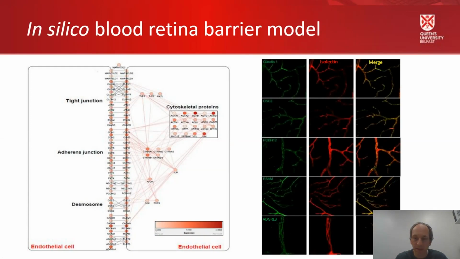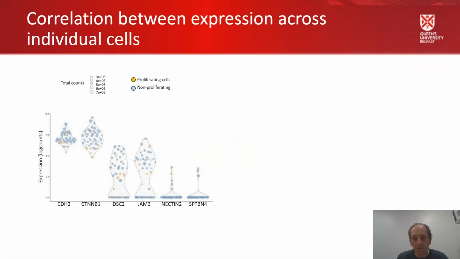And this diagram indicates those that are expressed and at what level, at least at the messenger RNA. And this is confirmed for some of the genes using immunohistochemistry. So, it would be possible to generate this model using bulk RNA-Seq data, but because this is single cell, we can extract some more information.